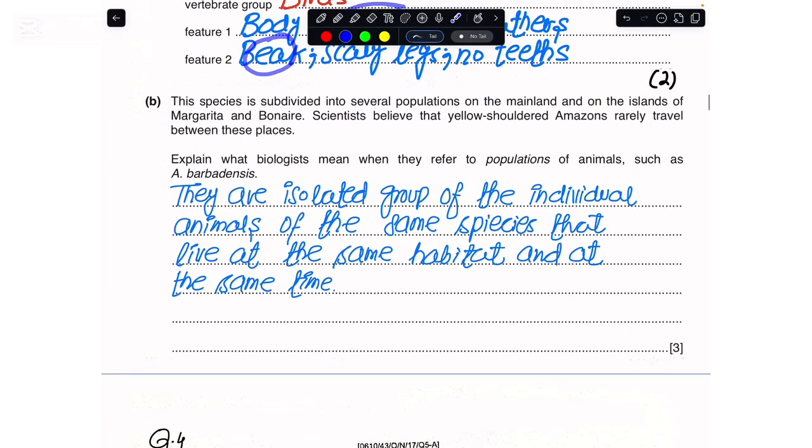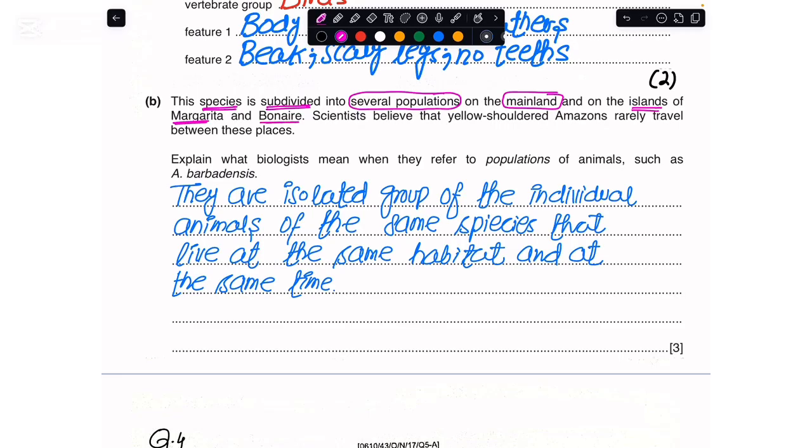Moving onward, for 3 marks, they have said that the species of this parrot is subdivided into several populations, which are either living on the mainland or residing on the islands of Margarita and Bonaire.